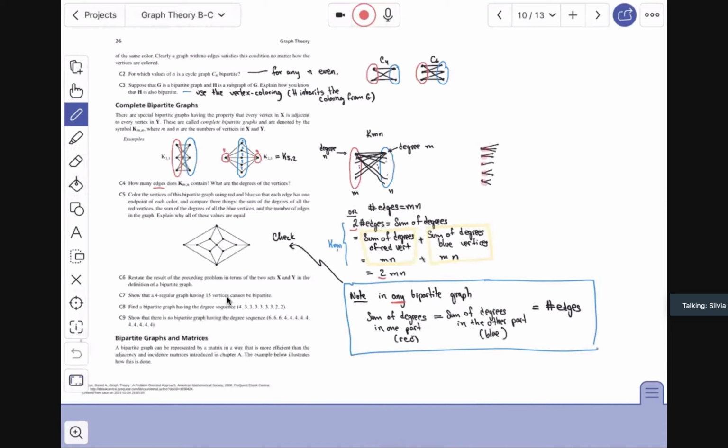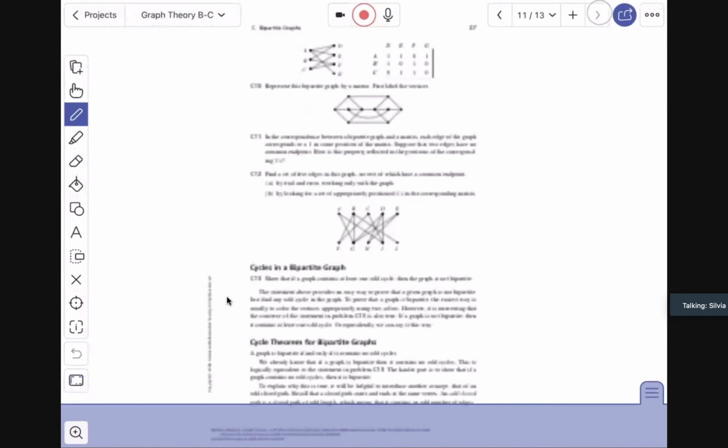One more thing in this section, and that's it. Of course, there are more problems, but one extra thing is you can also adapt adjacency matrices for bipartite graphs. Let me show you right here.